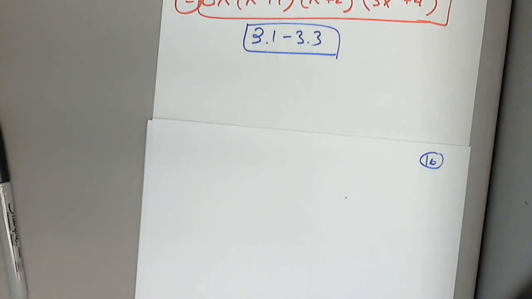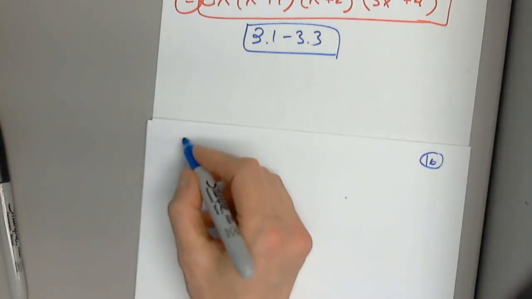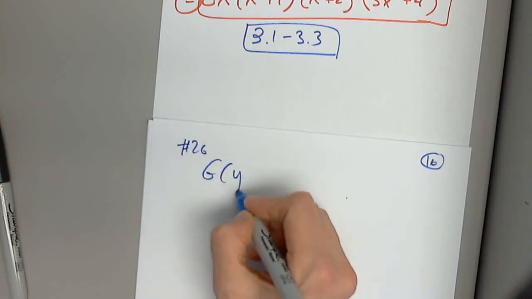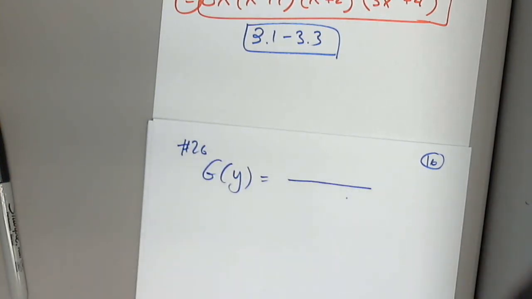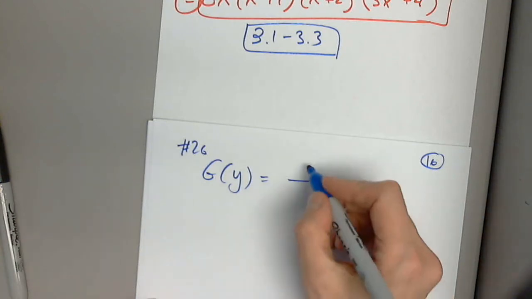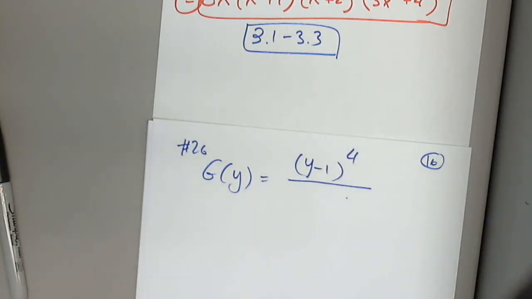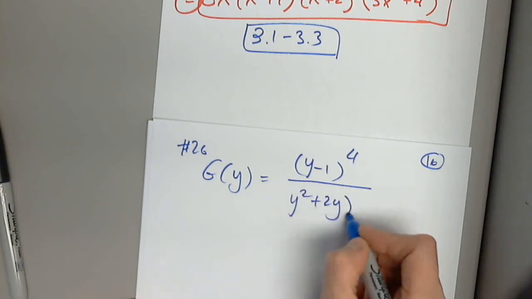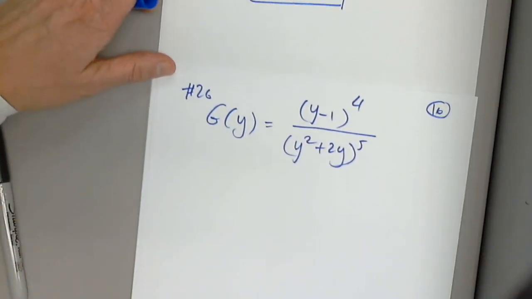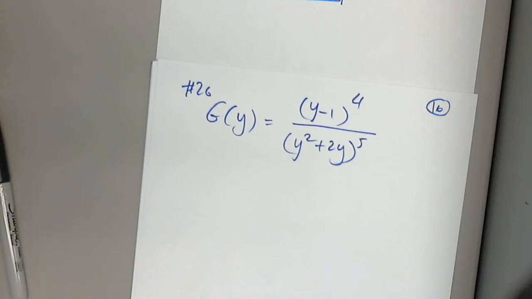Okay, so here it is, 26. G of y is a ratio: y minus 1 to the fourth, over y squared plus 2y to the fifth. Like before with the product, this is not an easy situation at all. It has a lot of steps, and of course, it ends with simplification.